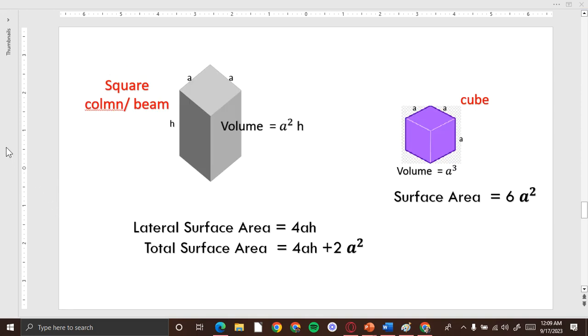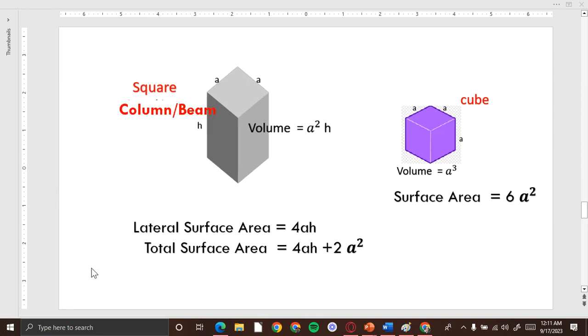Next is square column or square beam. Here the sides are A and height is h.